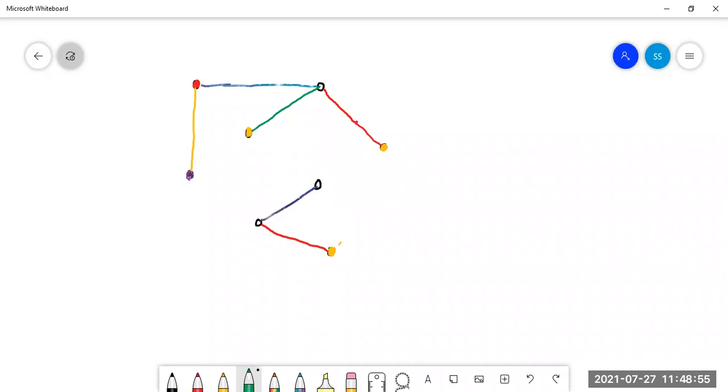This one is green. This one is green. This one is green. This one is green.